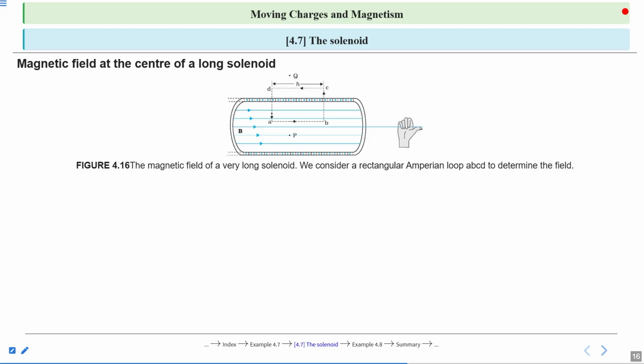We consider a rectangular Amperian loop ABCD to determine the field. Now you can see this is the sectional view of the solenoid. The solenoid is cut in half and this is the front view of the other half. The dots in the upper section represent current flowing perpendicular to the plane and outwards.